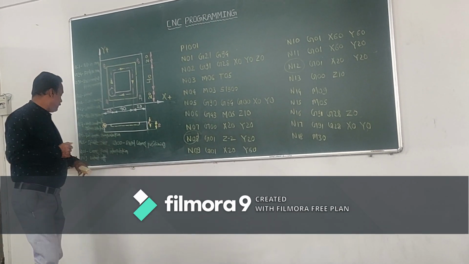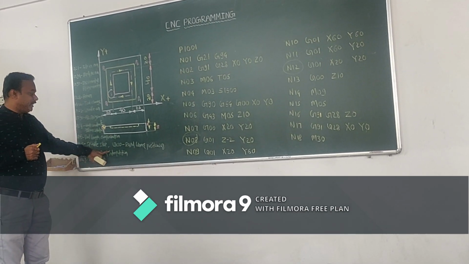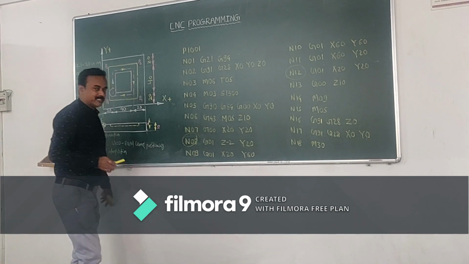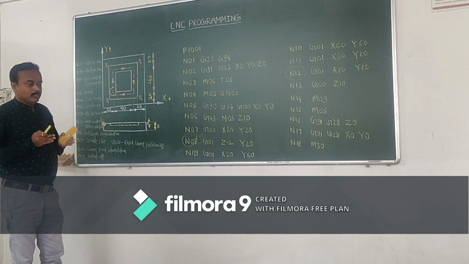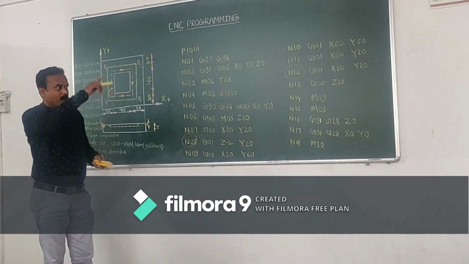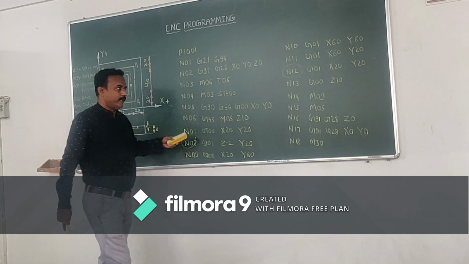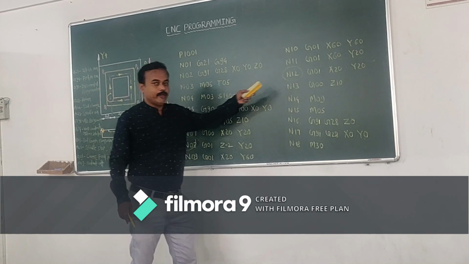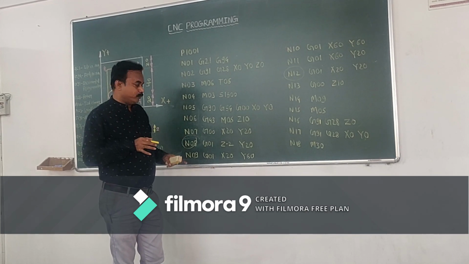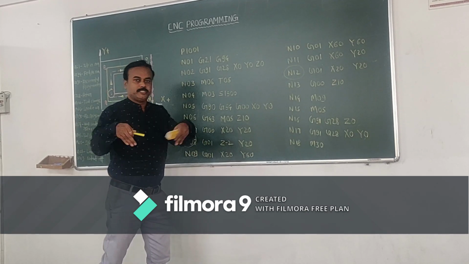G01 is nothing but, I have already explained, linear feed interpolation. It means at this point you are going to start the working of the tool having the depth equal to Z is equal to -2 for all the operations from N08 to N12, where the depth is Z is equal to -2, and the position of X and Y changes.